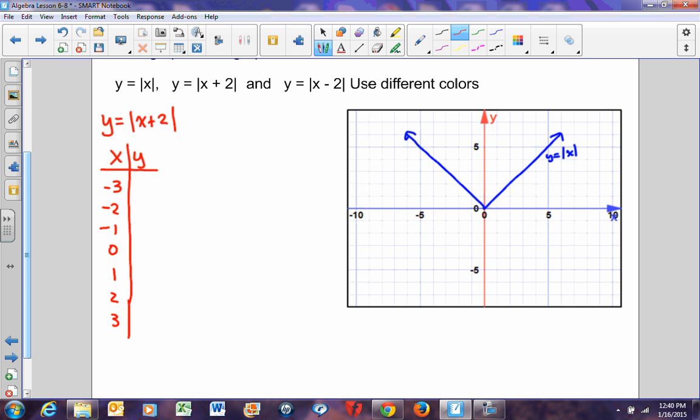Okay, so now I need to take my number that I'm placing in for x, add 2 to it, and then take the absolute value. That's what basically this is saying.